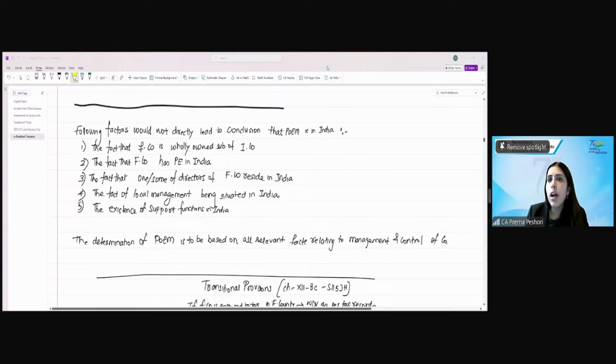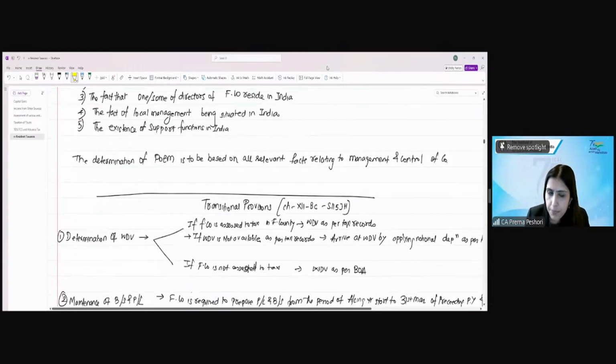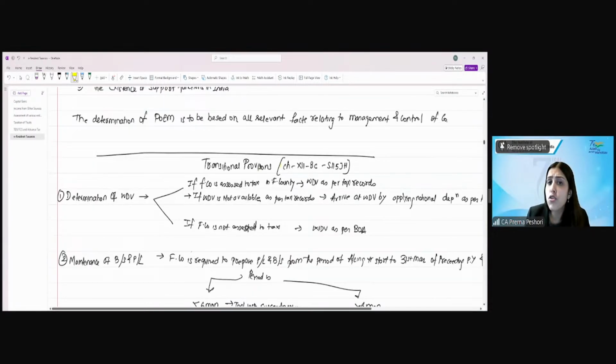So once you have the place of effective management in India, there are these transitional provisions which are applicable. What do we mean by transitional provision? Because the first time you become a resident of India as a foreign company, you will obviously be assessed more or less like the Indian company only.